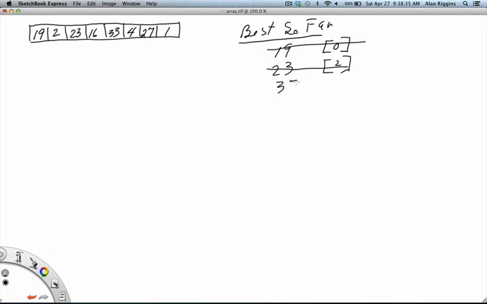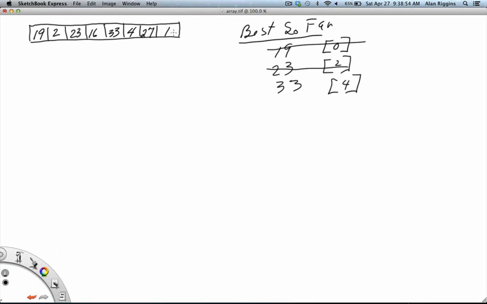We have the 33 at index 0, 1, 2, 3, 4. We look at the 4, the 27, and the 1. And so 33 is the largest element in the array.